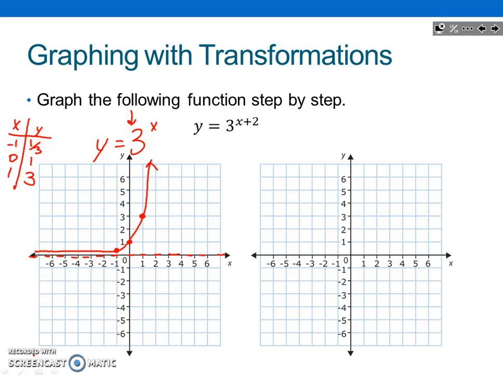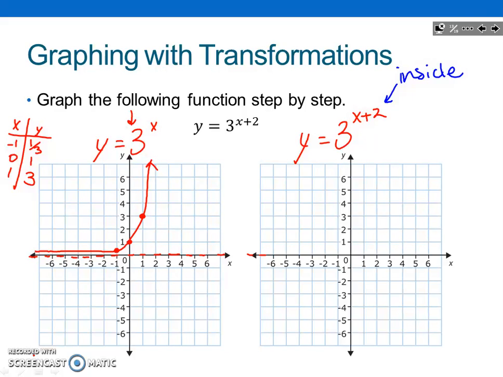Okay, now I'm going to graph y equals 3 to the x plus 2. Okay, notice that plus 2 is up in the exponent. This is on the inside. Remember, our inside would do the opposite as well, so this is going to shift it to the left 2.